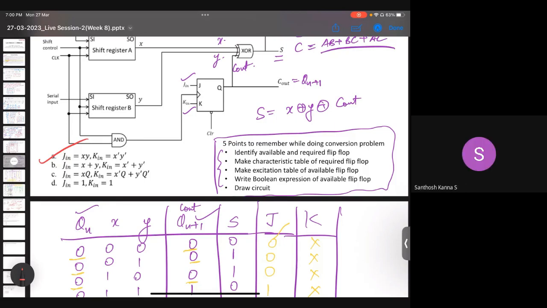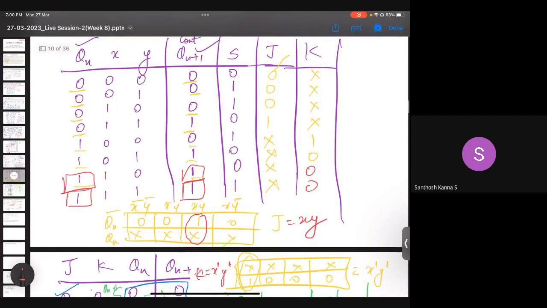The answer page is the next page. Okay, this page. Okay, fine. So, shall I proceed now?